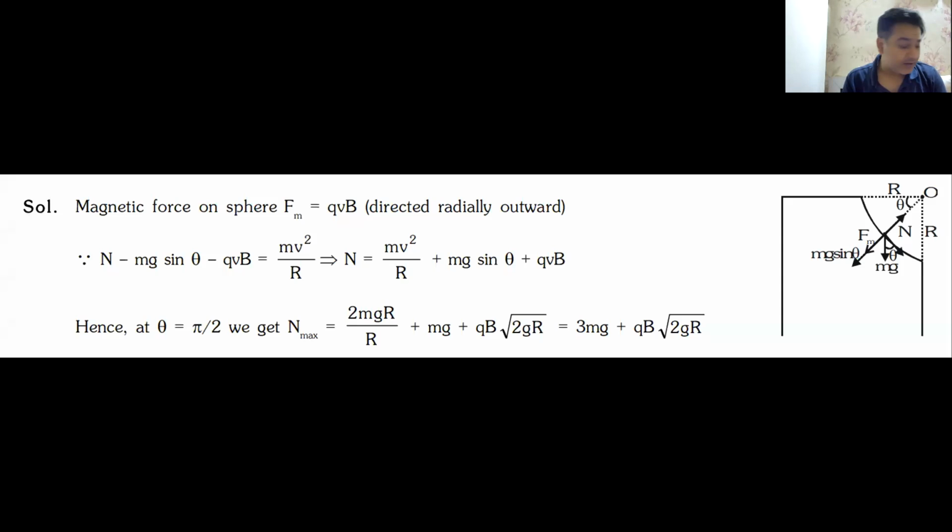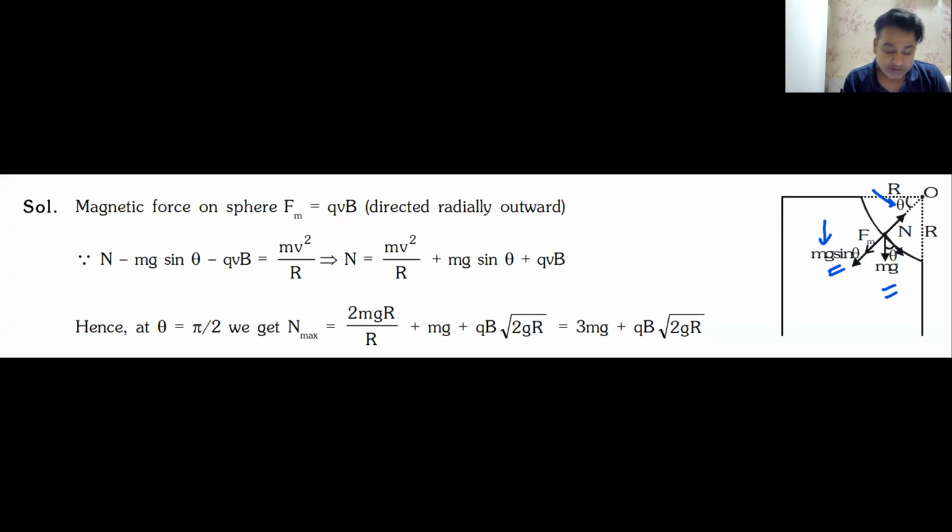We just have to take any angle theta and draw the FBD of this body. It is going down. Yes or no? mg cos theta and mg sin theta, depending on whether you have taken the angle from the horizontal or vertical. We have taken the angle from the horizontal, therefore mg sin theta is here and mg cos theta is on the other side.